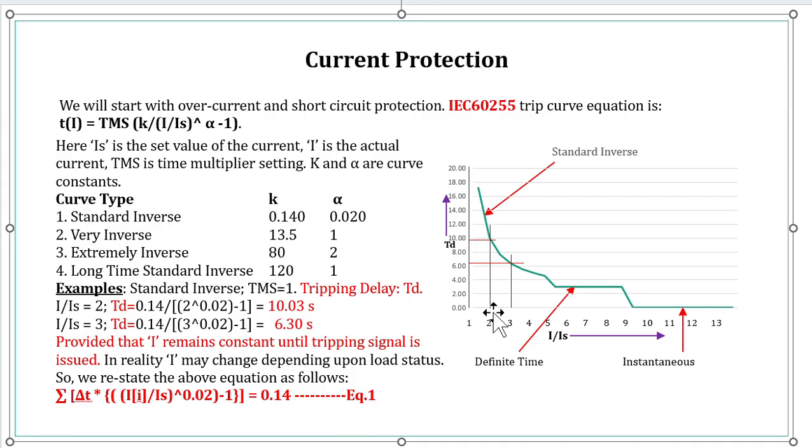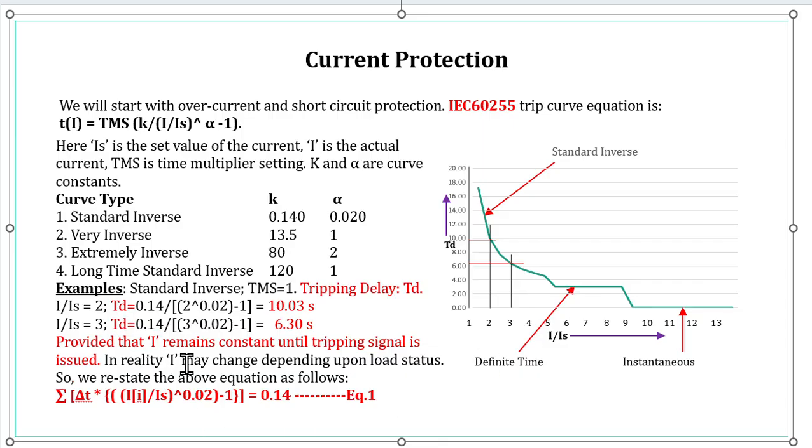So once this situation arises that the current has suddenly become 2 times the rated current or set current, it will take 10.03 seconds to cause tripping, to send the tripping command to the tripping relay. Similarly, if I upon IS becomes 3, then it will take almost 6 seconds, to be exact 6.30 seconds, before it initiates a tripping command.